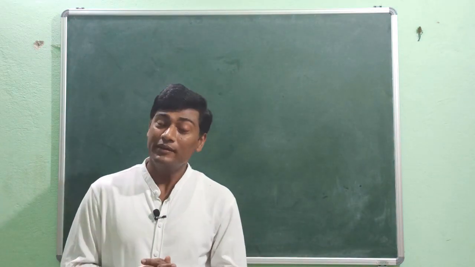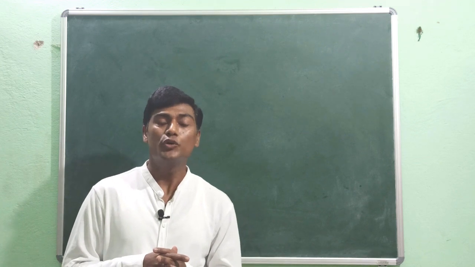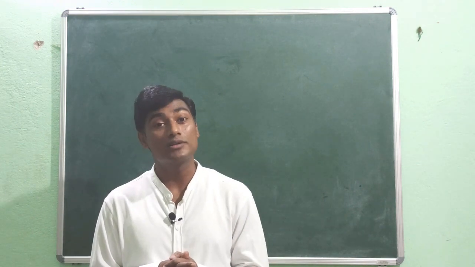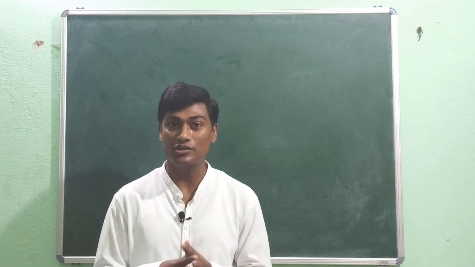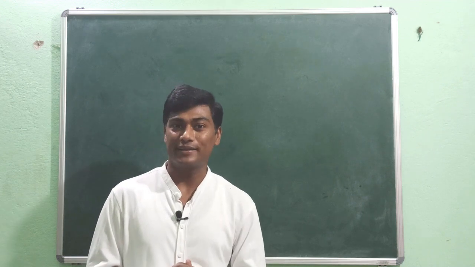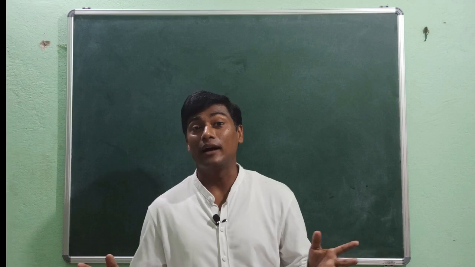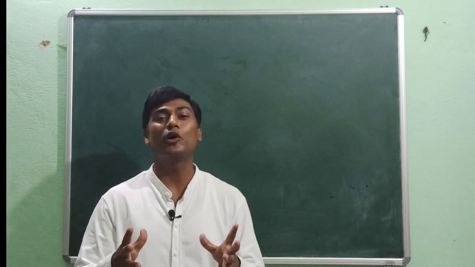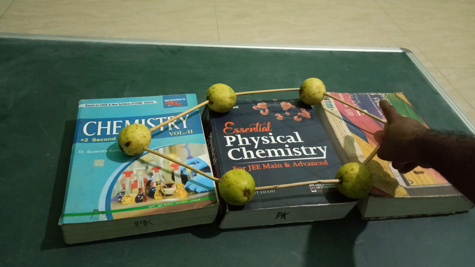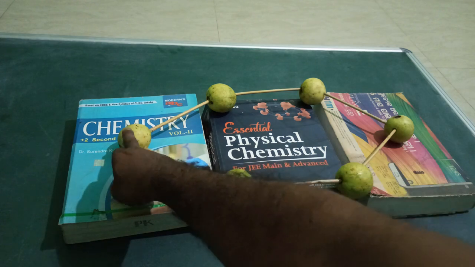For this reason, it assumes certain non-planar structures where it maintains a bond angle of around 109.5 degrees, which is known as the chair conformation. Okay, in the hexagonal structure, take this carbon down, and this carbon up.